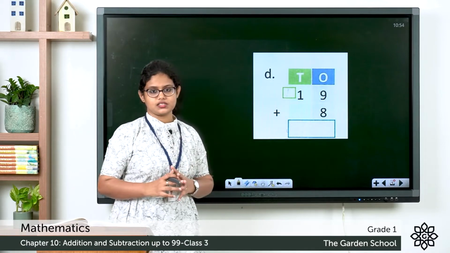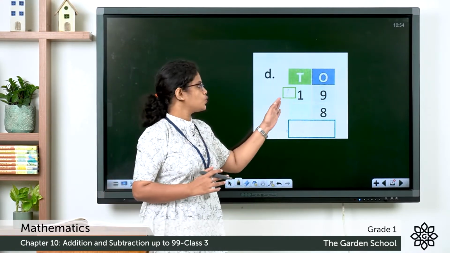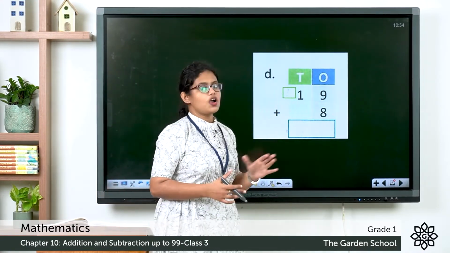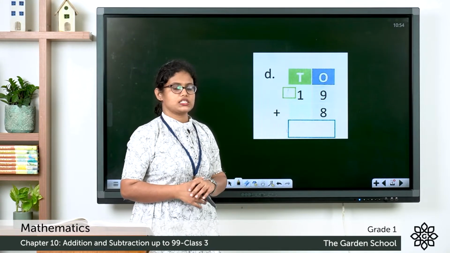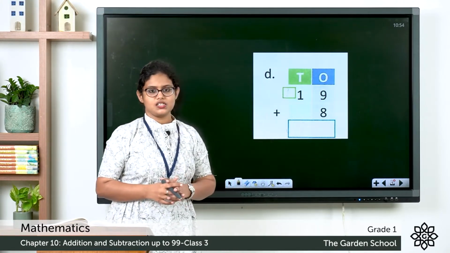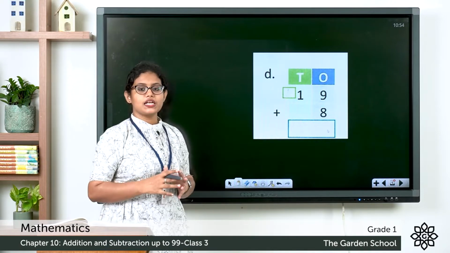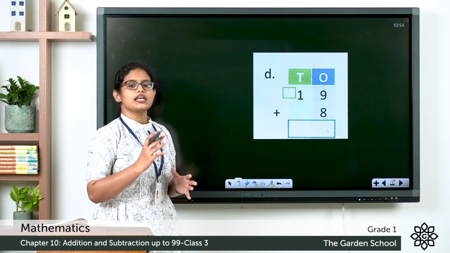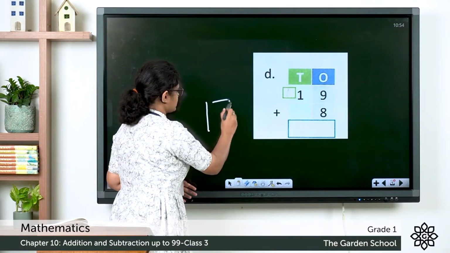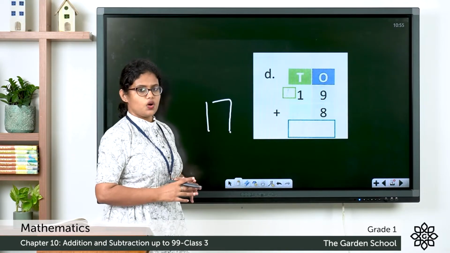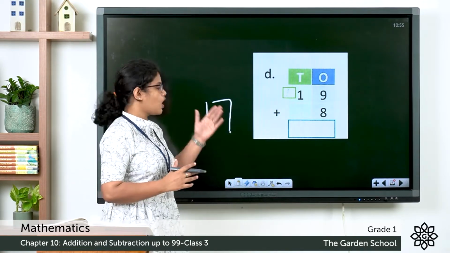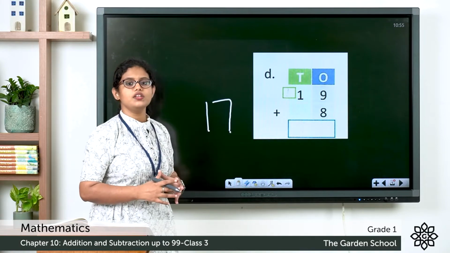Let's do one more. 19 plus 8. 19 is a 2-digit number and 8 is a 1-digit number. Let's see the ones place. 9 ones plus 8 ones makes 17 ones. Right. We can write 17 as 1 ten and 7 ones.